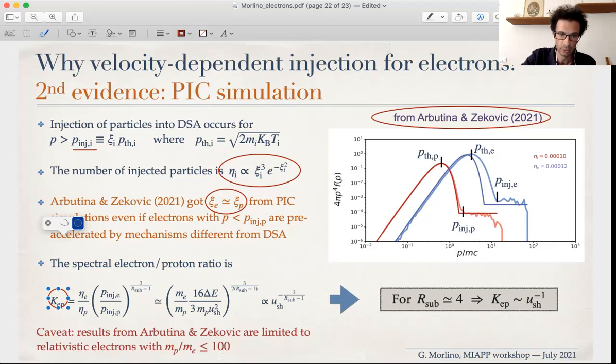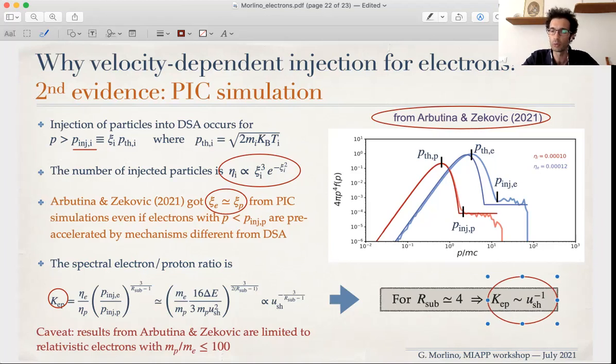So this is called the subshock compression ratio. At the end, this is proportional just to the velocity of the shock to the -2 times 3/2 r_sub - 1. This means that for a subshock compression ratio of the order of 4, KEP turns out to be proportional to the velocity of the shock to the -1.